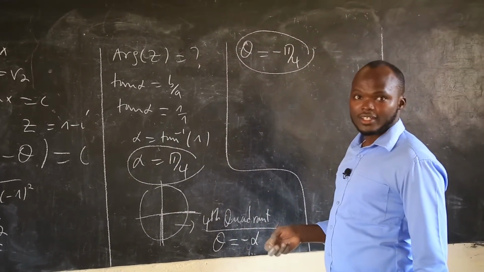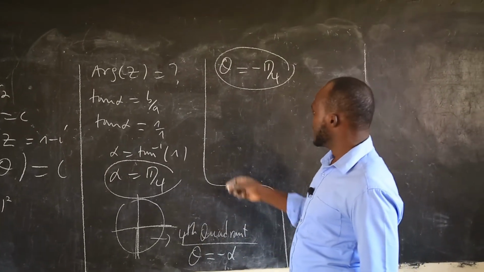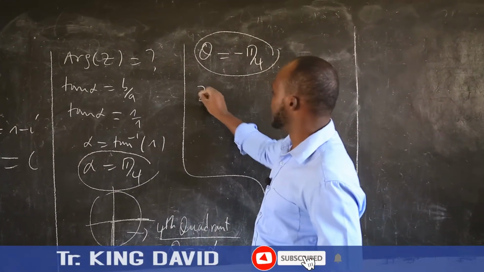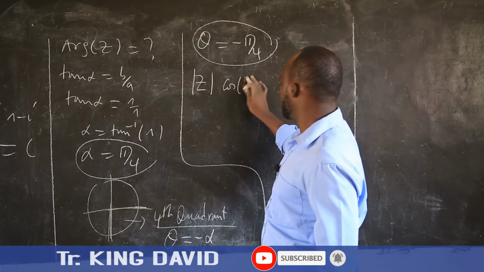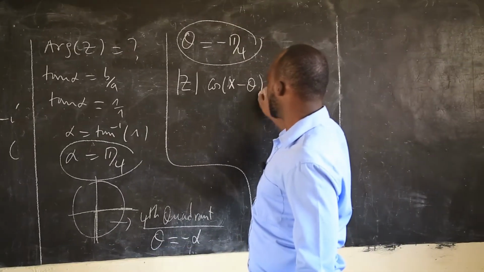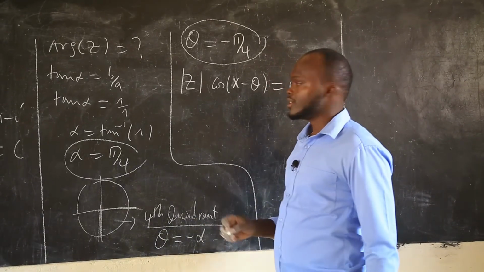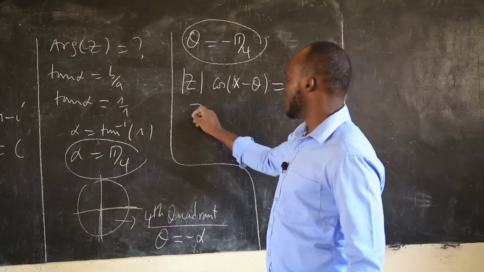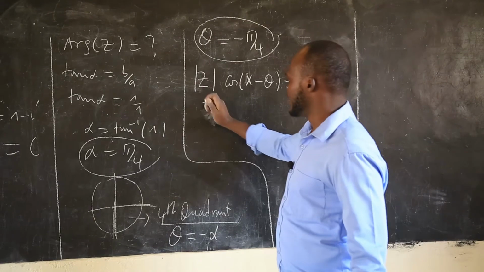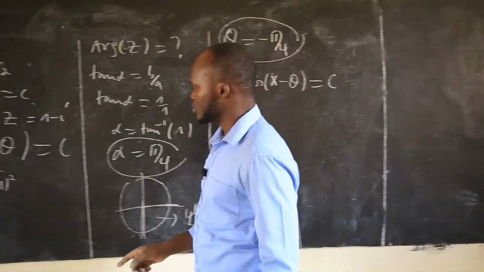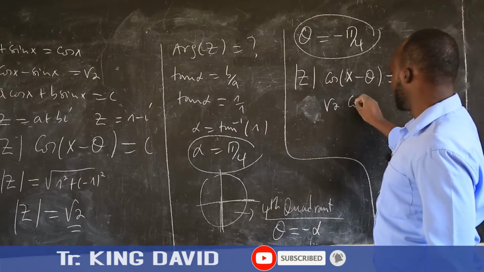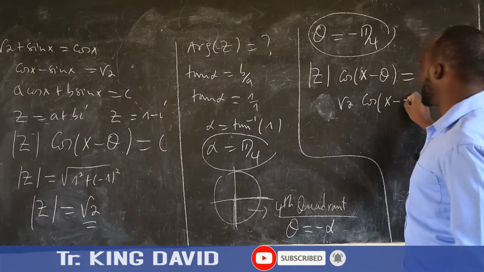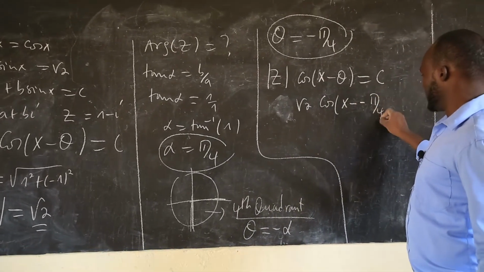So if our angle is negative pi over 4, it means that magnitude of Z cos of x minus angle will be equal to C. Remember the magnitude of Z is root 2. So root 2 cos of x plus pi over 4 equal to C.